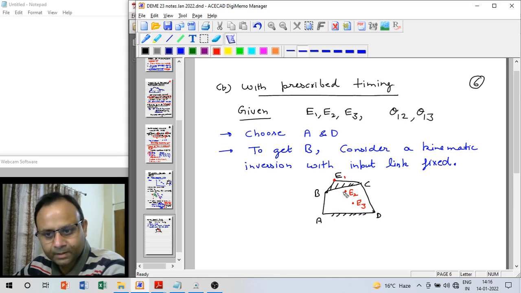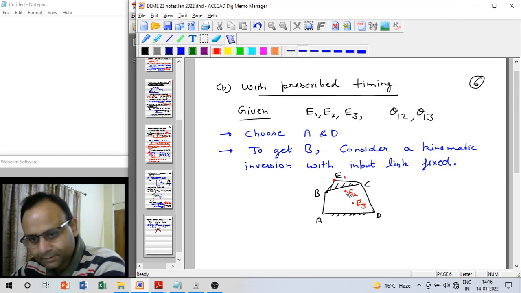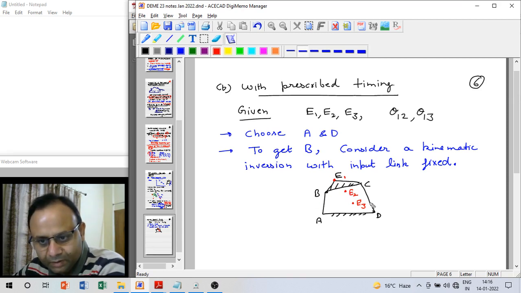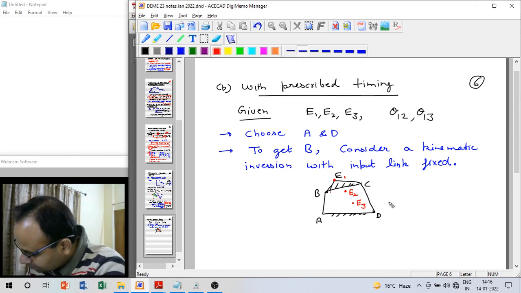So if you want to keep the crank fixed, what we'll have to do is the position of point E2... okay, how to explain this? Let me go back, sorry. Let me do this.